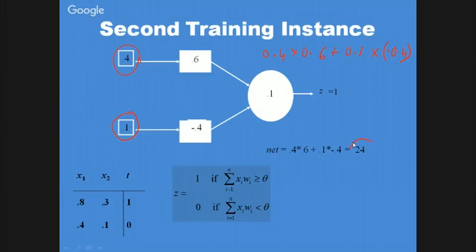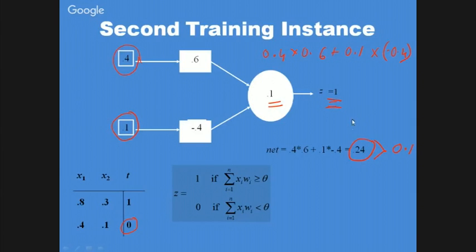That is again greater than 0.1, so the output will be 1, because it is greater than the theta. But the target is equal to 0 and we are getting the output equal to 1. That means some weight adjustment will be there.